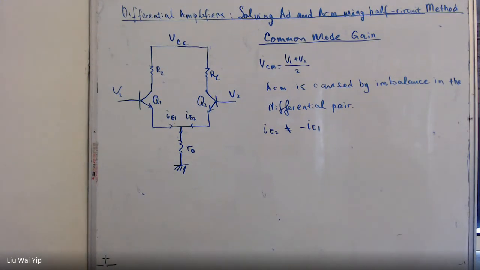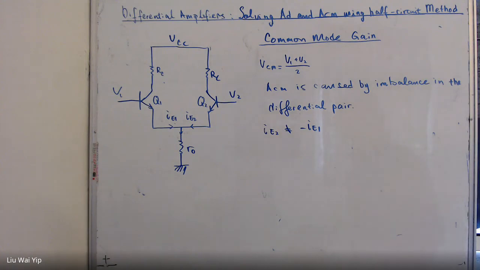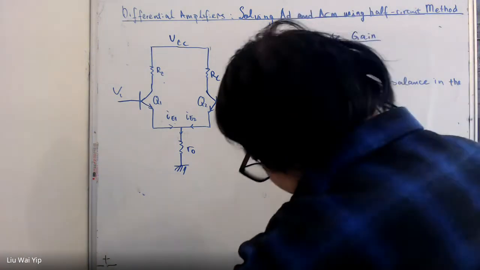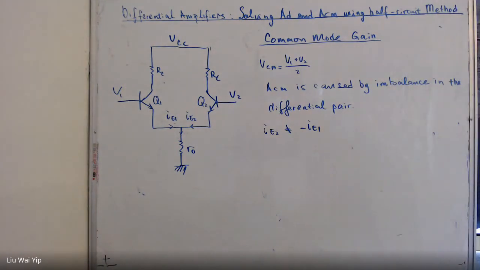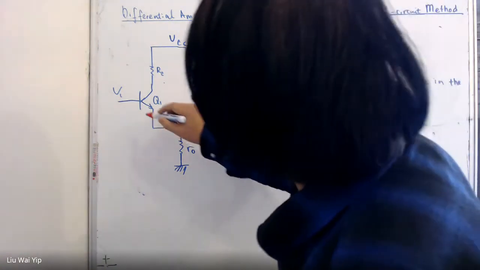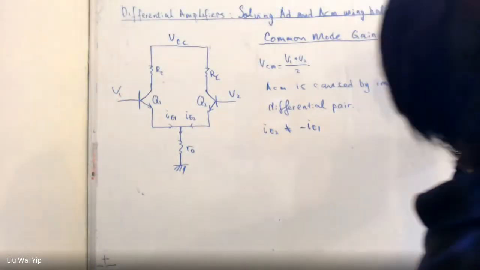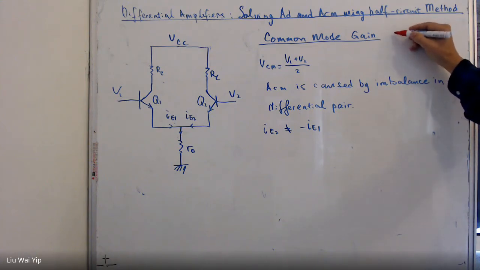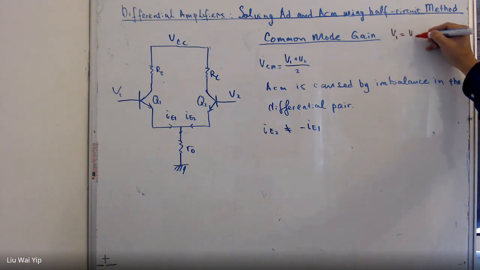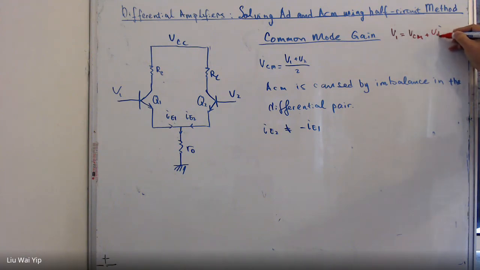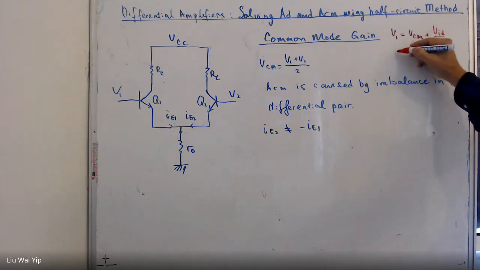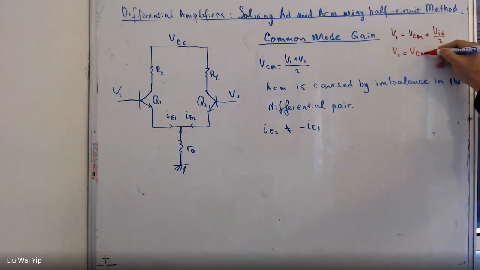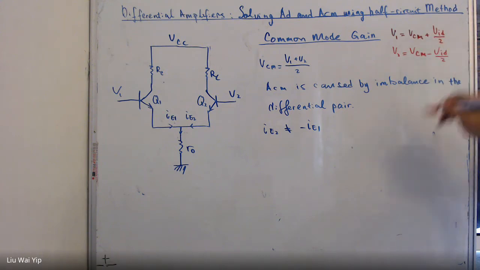The equivalent circuit for the common mode gain is here, and also the input to the differential amplifier. And remember, we have assumed V1 is equal to VCM plus VID divided by 2, and V2 as VCM minus VID divided by 2.